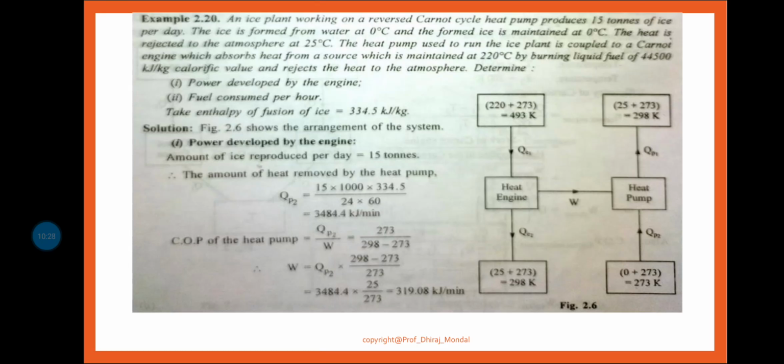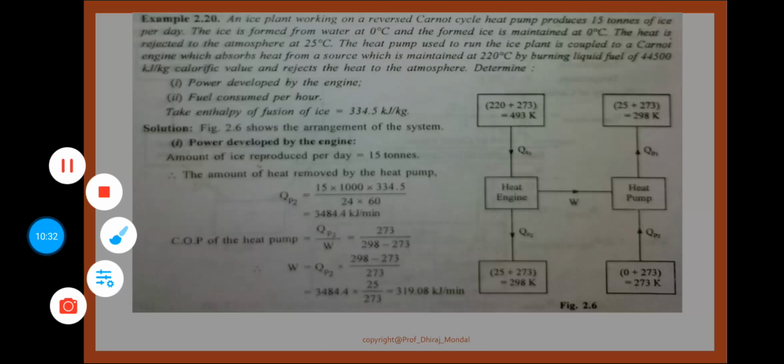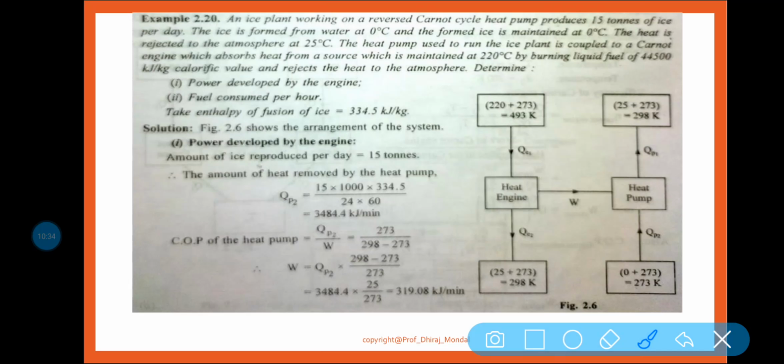An ice plant working on a reverse Carnot cycle heat pump produces 15 ton of ice per day.